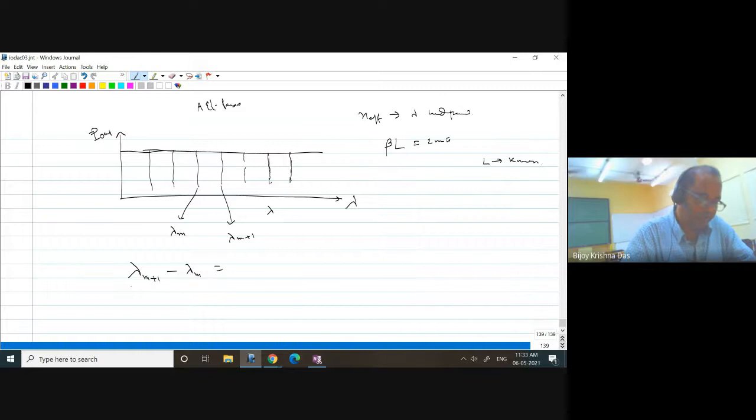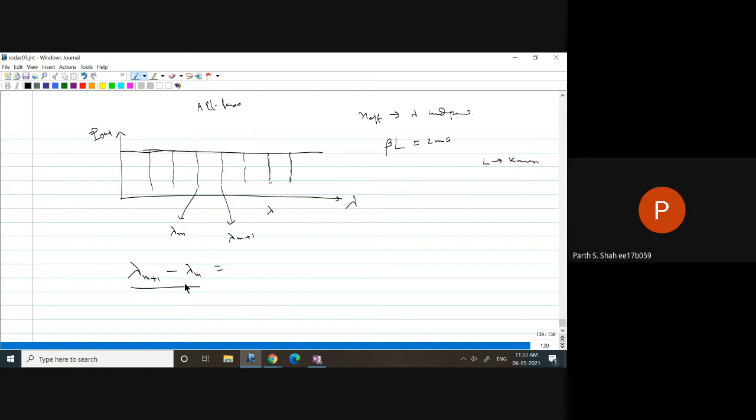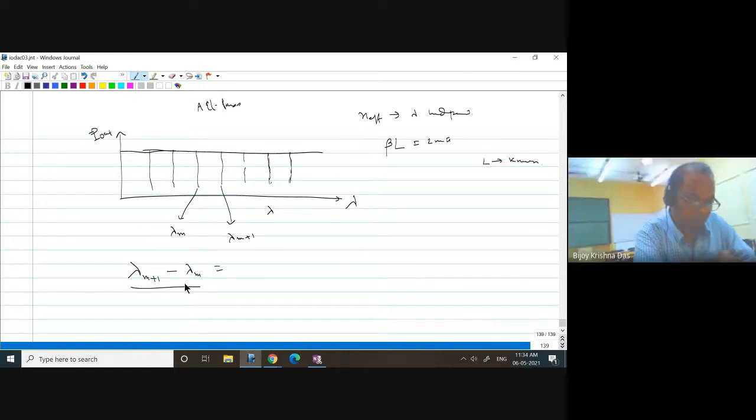I want to find a general expression for lambda m plus 1 minus lambda m. What would be the value? I'm giving you 30 seconds. Can anyone tell me? N effective L by 2 pi.